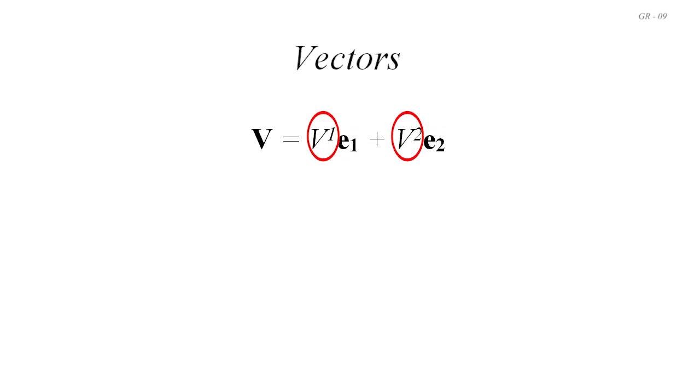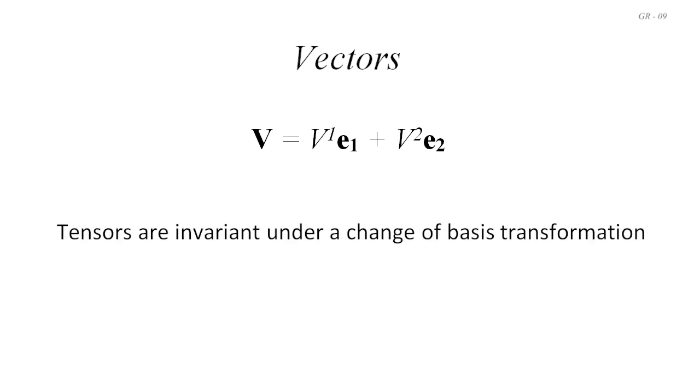These things may well change, but this vector v, this rank 1 tensor, does not change when the reference frame is changed. Don't forget that this is a very important property of all tensors, that they remain invariant under a coordinate transformation. They are invariant under a change of basis transformation.